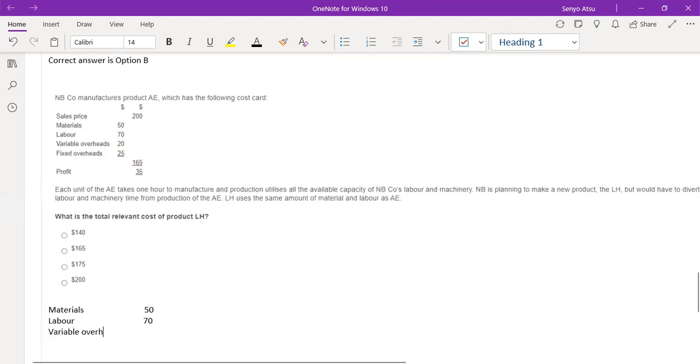Variable overheads, 25. Each unit of the AE takes 1 hour to manufacture. Is somebody making a submission? The variable overhead is 20. 20, all right.